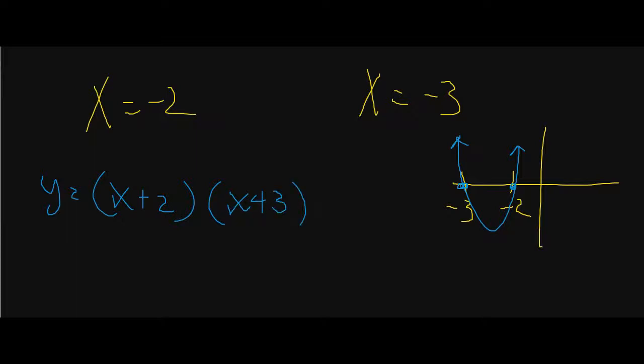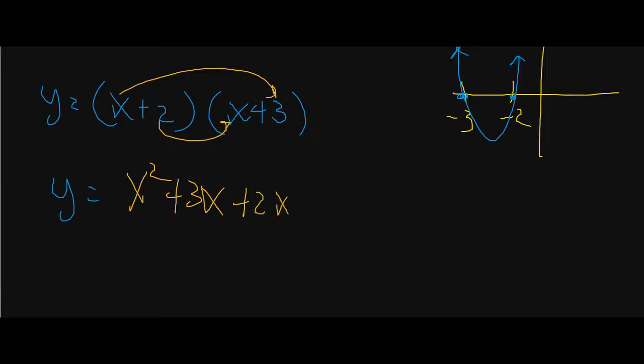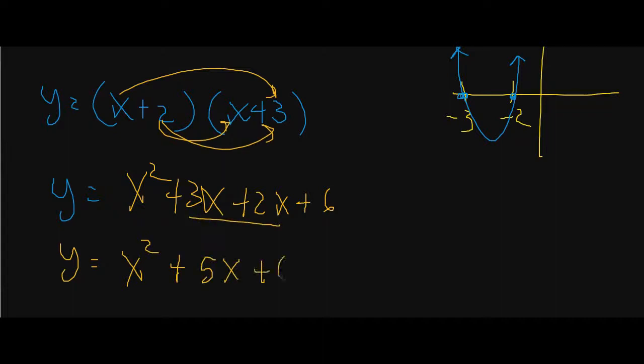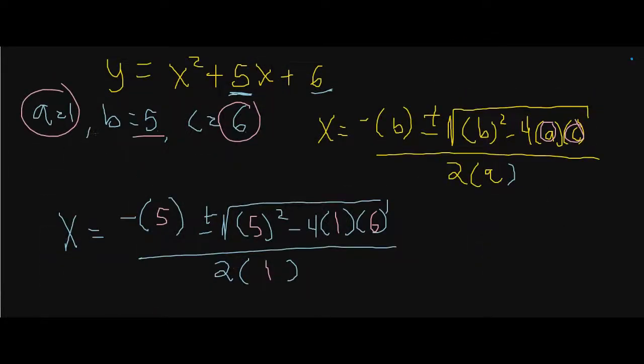And if you don't believe me, we could verify this. x times x gives y is equal to x squared, and then x times 3 gives me 3x, 2 times x gives me 2x, and 2 times 3 gives me 6. So y is equal to x squared plus 3x plus 2x, which is 5x plus 6. And there we go. You can see that this equation matches the equation that we started off with.